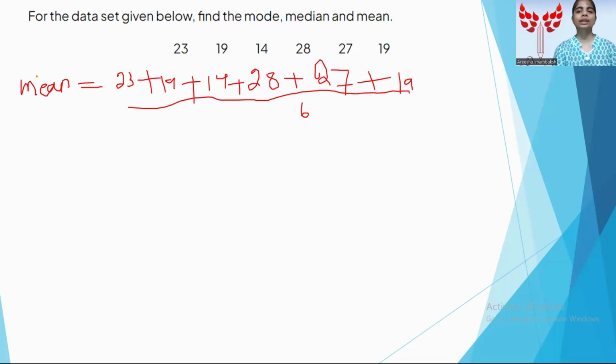This is how you will find your mean. So their sum is 23 plus 19 plus 14 plus 28 plus 27 plus 19. That is 130. 130 divided by 6, that is 21.67. This is your mean.